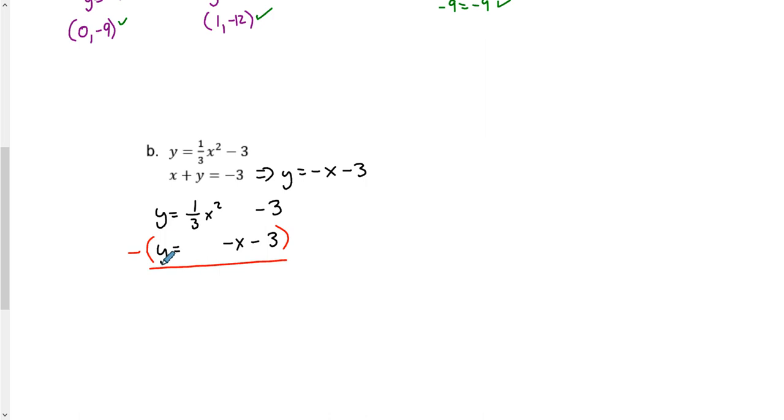Y subtracting y is 0. Actually, I'm going to go to my blue. 1/3 x squared subtracting 0 x squareds is a 1/3 x squared. 0 x's subtracting a negative x is add an x. Negative 3 subtracting negative 3 is 0. So we have 1/3 x squared plus x.